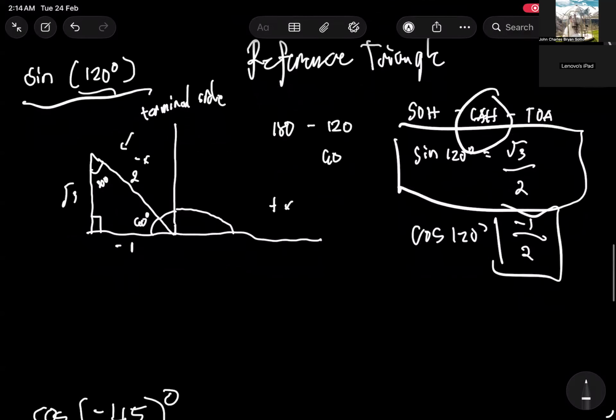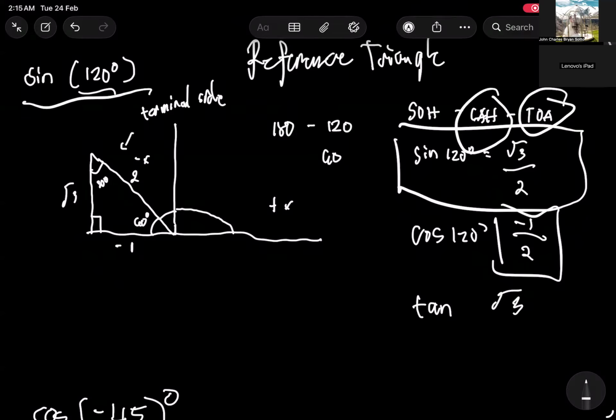How about tangent? What's tangent? Tangent is opposite over hypotenuse. Or sorry, that's opposite over adjacent. So, opposite is square root of 3.